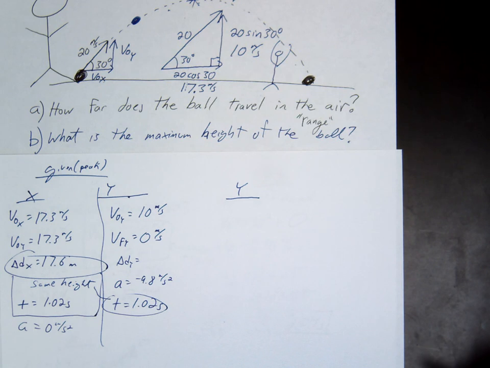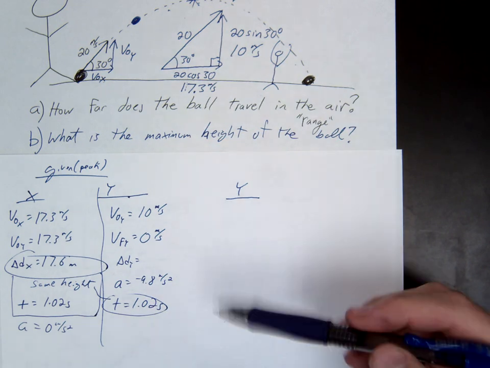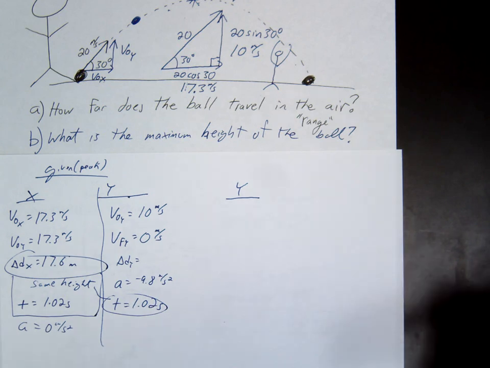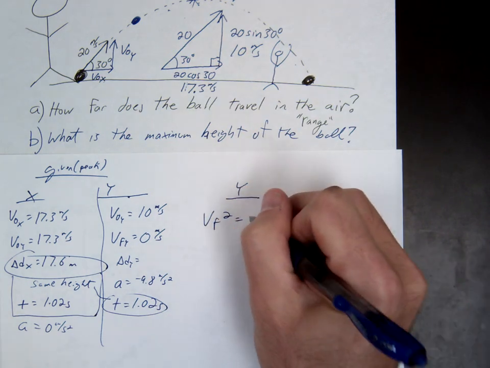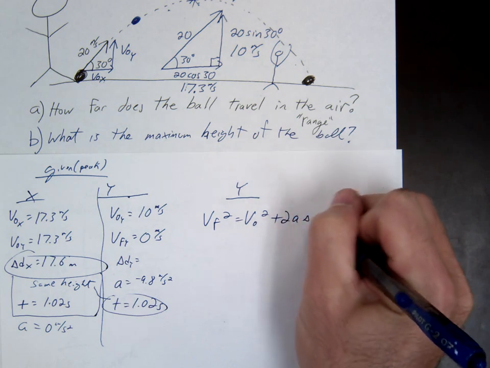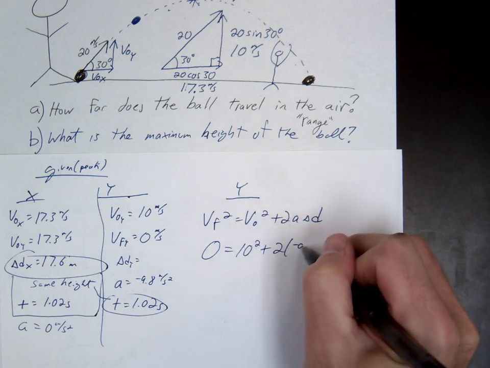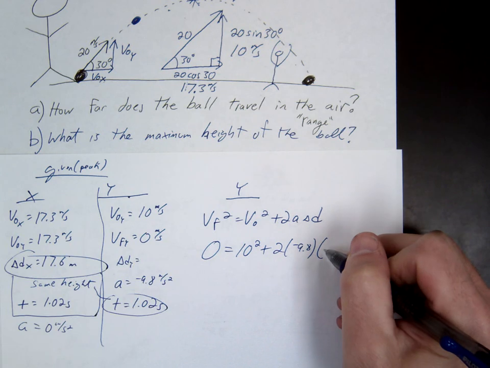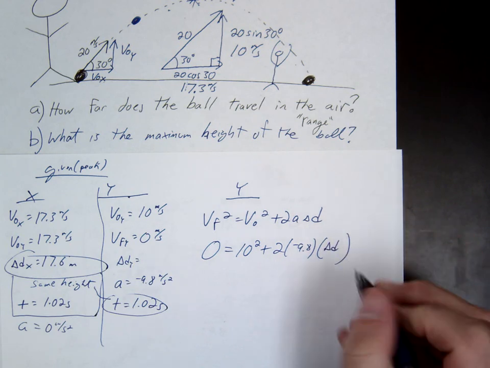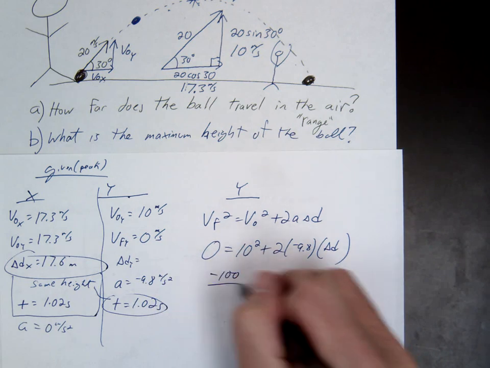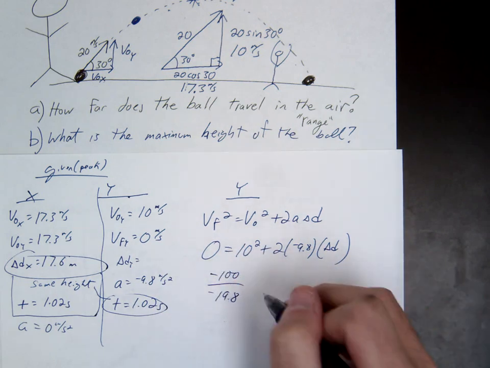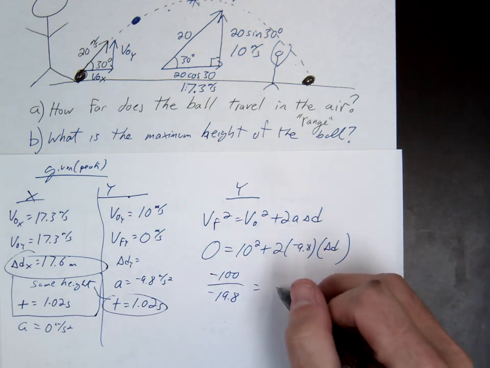Choose the equation without time, because doing it that way will always work regardless of whether it hit the ground or not. It's about 5 point something.